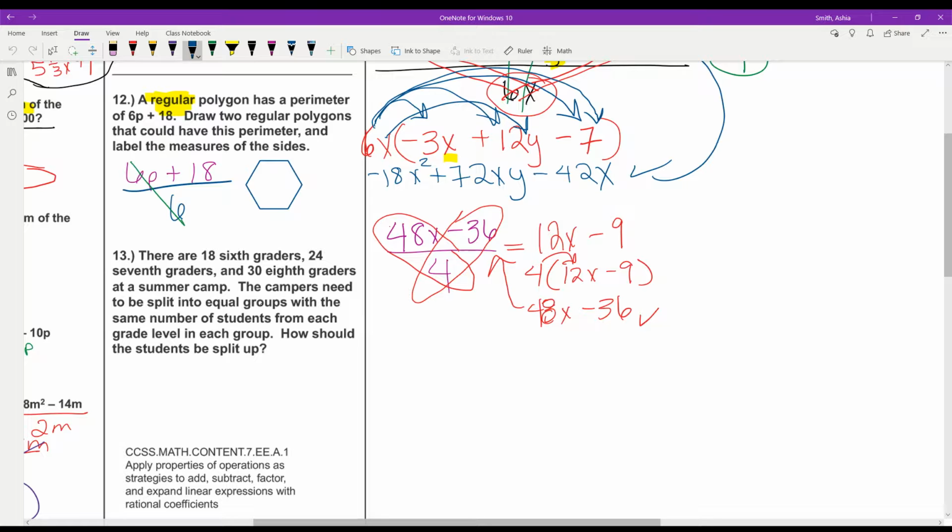All right, so we're going to put our p, and then 18 divided by 6 would give us 3. So each side would be p plus 3.